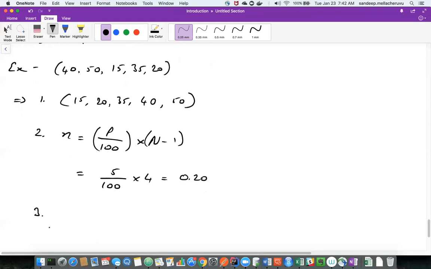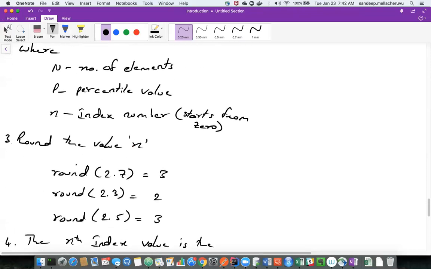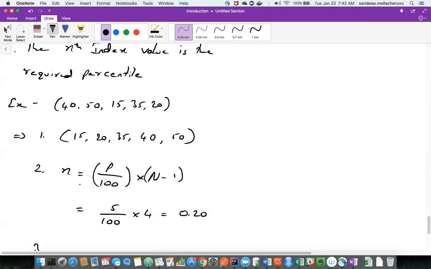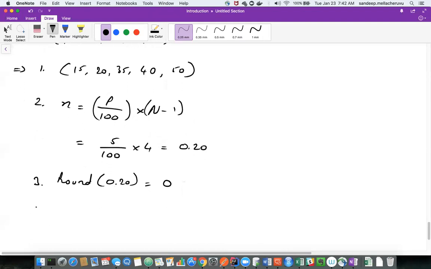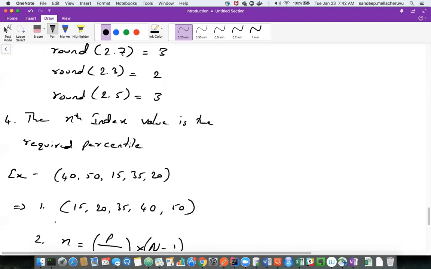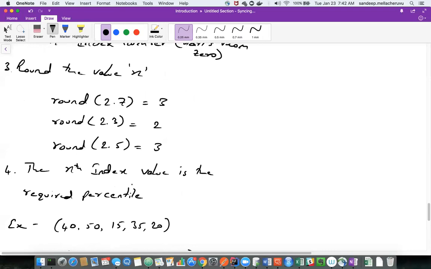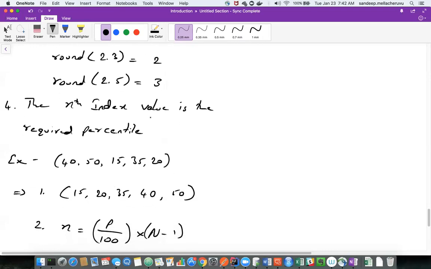And the third step is round the n. So round off 0.20. How much it will become? 0. Now, the fourth step is the nth index value is the required percentile value.